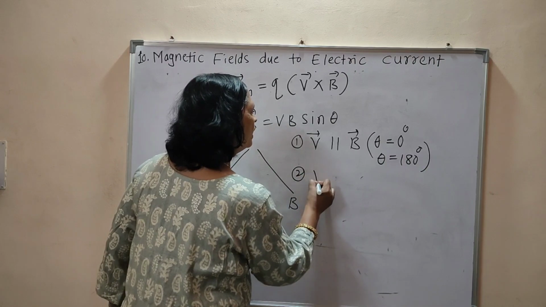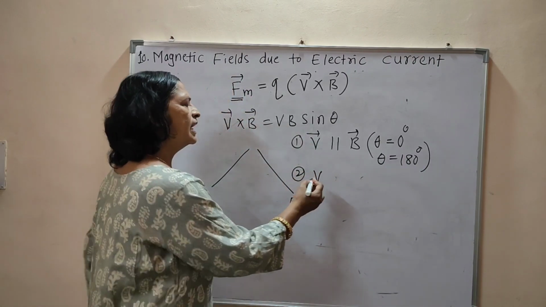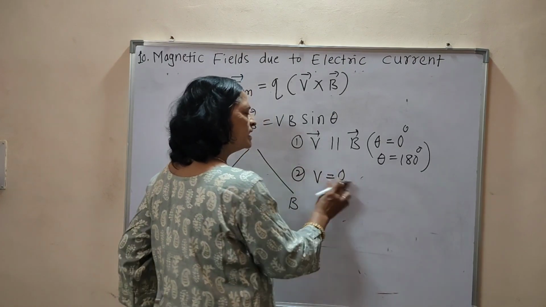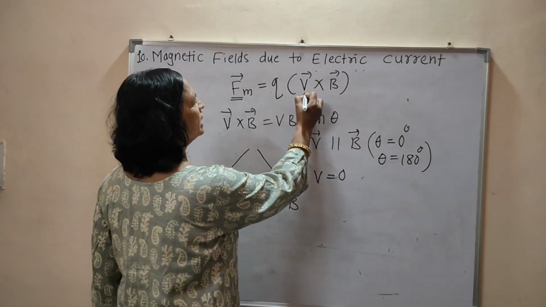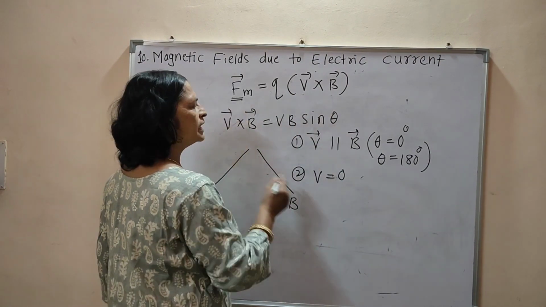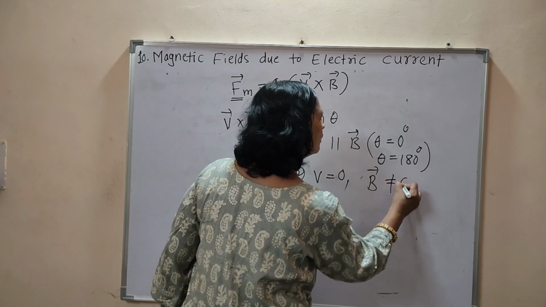Second, when V is stationary, means the velocity V equals 0, the charge is not moving. At that time the force is 0, though the magnetic field is not equal to 0.